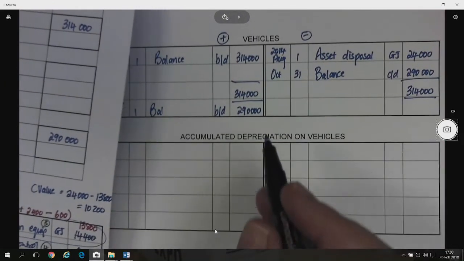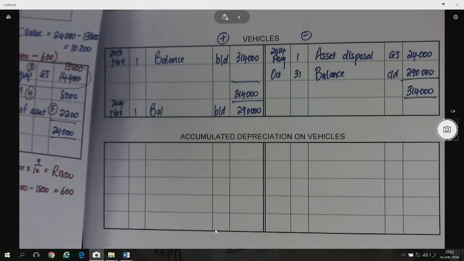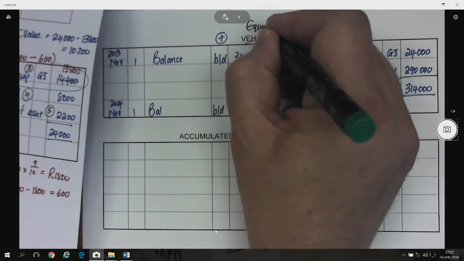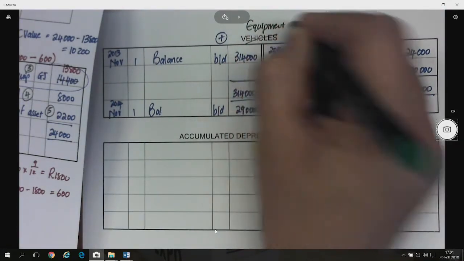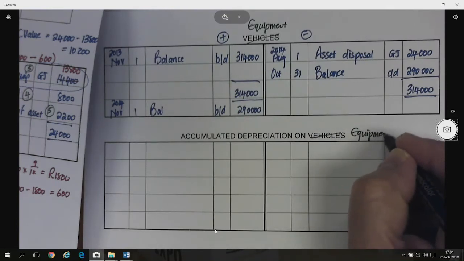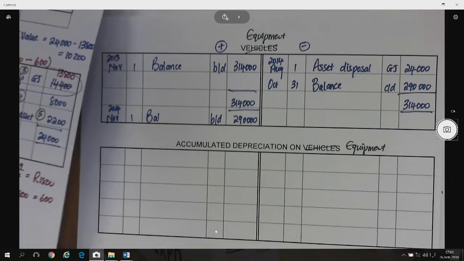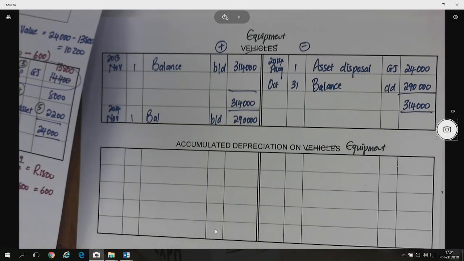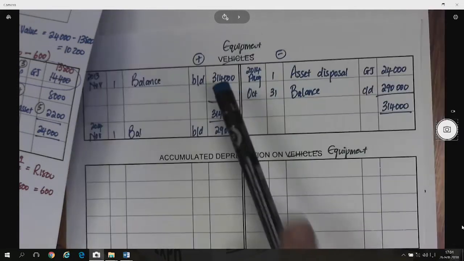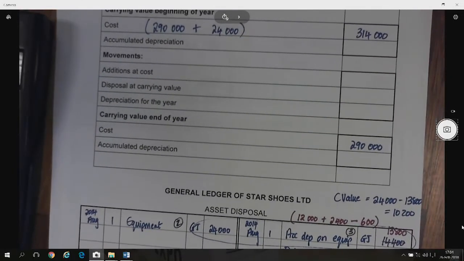Oh, sorry, this is equipment. Okay, so the equipment account. Can you see that we add back the 24,000 Rand that was already done to get to the 314? So those two balances are correct.